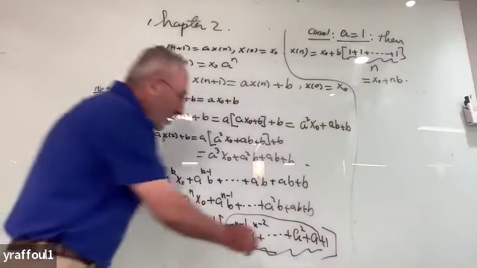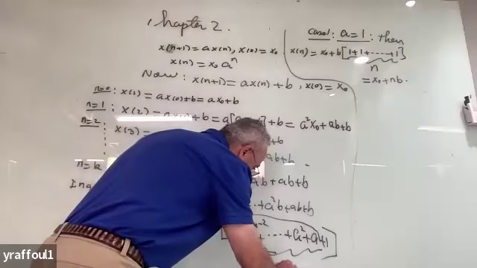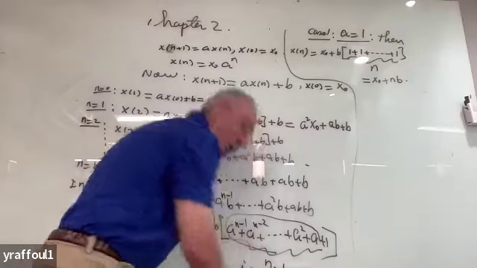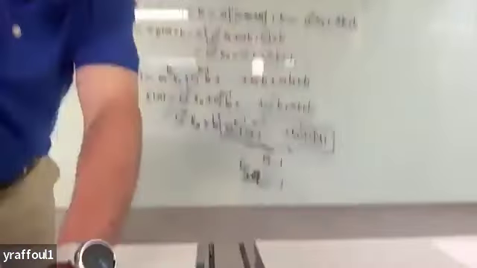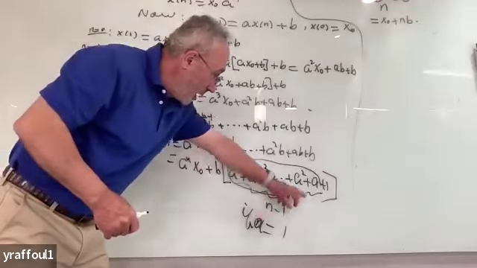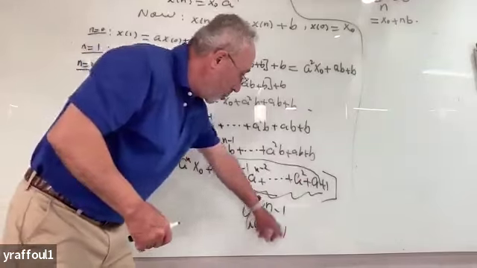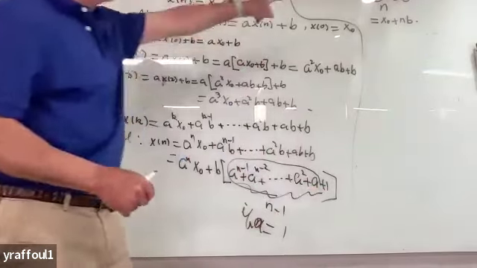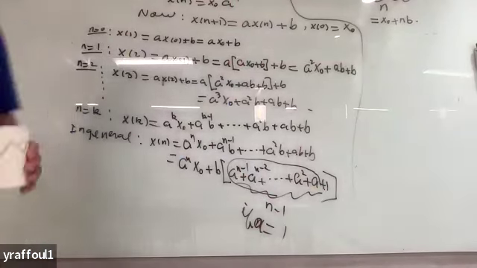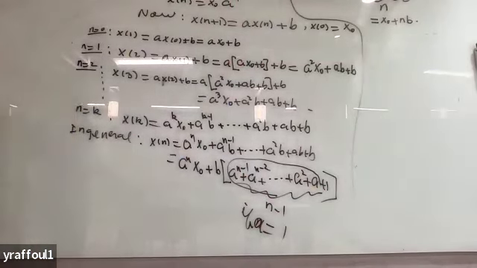So the top power is n minus 1 if a equal 1, and then you add 1, you get n. So the solution, if a equal 1, is x naught plus b times n.